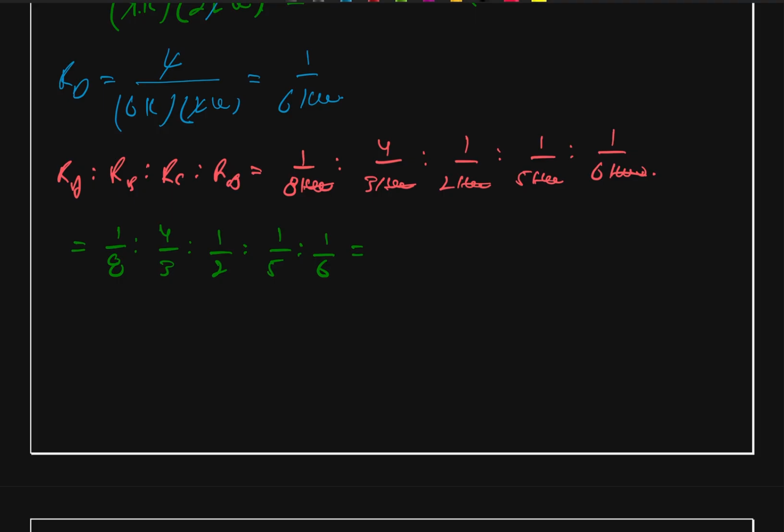Okay, this will be 40, and this will be 3, 120. So we can write this as 15 is to 160, and this will be 60 and 96. One second, I think I missed something.